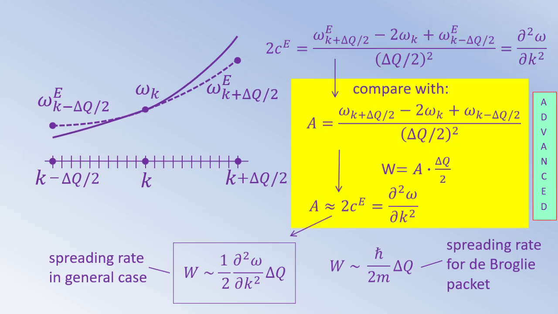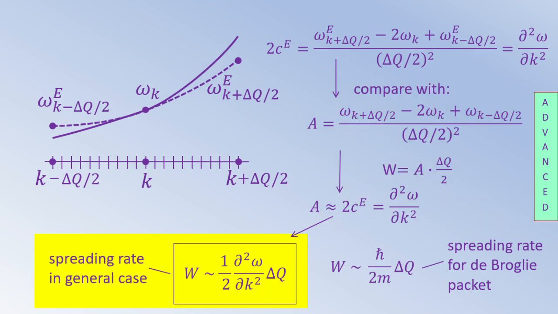This expression for 2c^e coincides in substance and in form with the expression for coefficient a in the formula for the speed w of packet spreading. Replacing a with 2c^e, we can get the final expression that the spreading rate w is equal in order of magnitude to 1/2 of the second derivative d squared omega by d k squared times delta q.